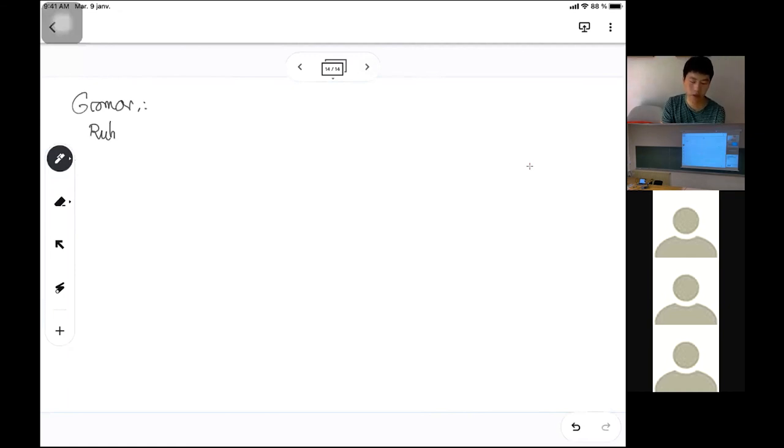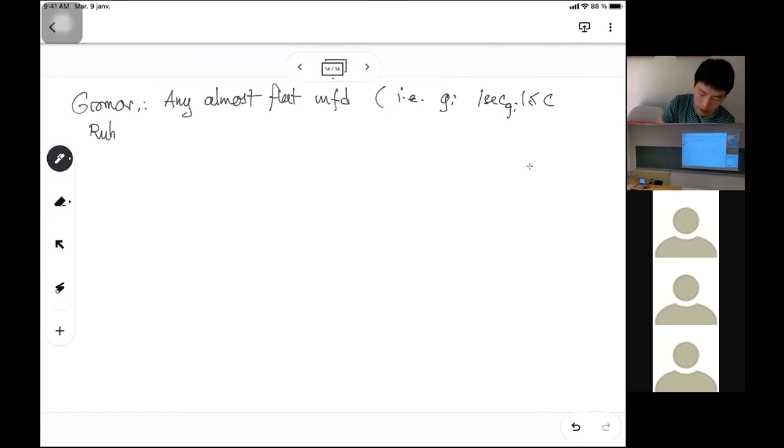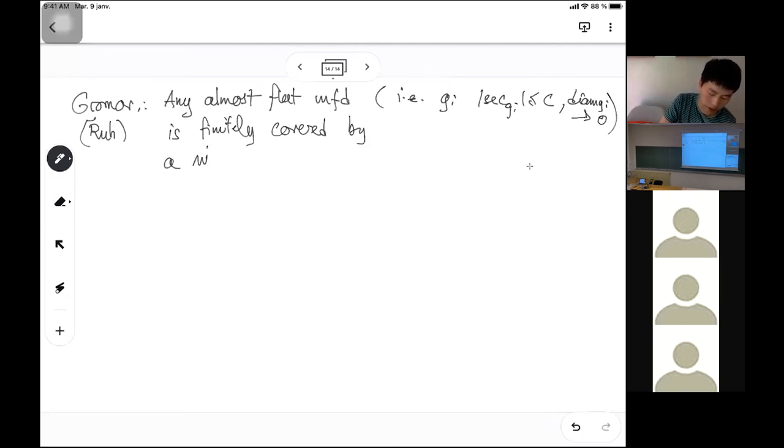The theorem of Gromov was later improved by Ruh, and the main theorem says that if you have an almost flat manifold, meaning there exists a sequence of metrics with sectional curvature bounded but diameter going to 0, in particular the injectivity radius going to 0, then it is finitely covered by a nil manifold.